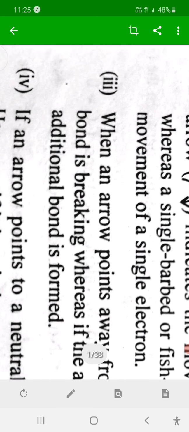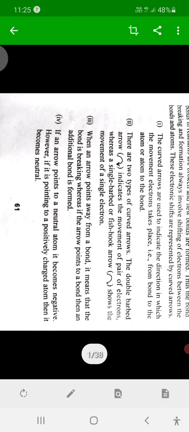And the head shows the final position of electrons, that is from where the electron moves and up to which center that electron movement takes place. That final location is shown by the head and initial location is shown by the tail. This is the use of arrows in reaction mechanism.